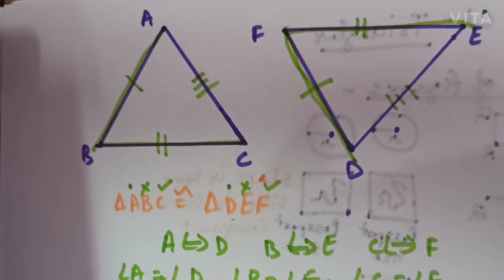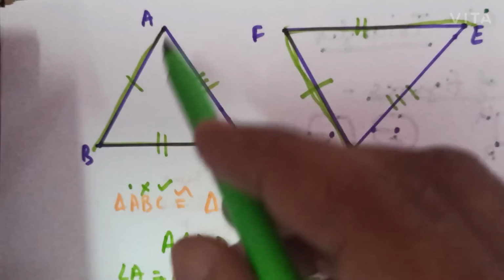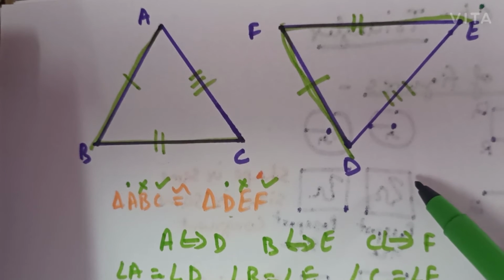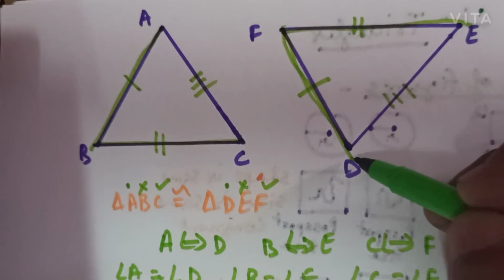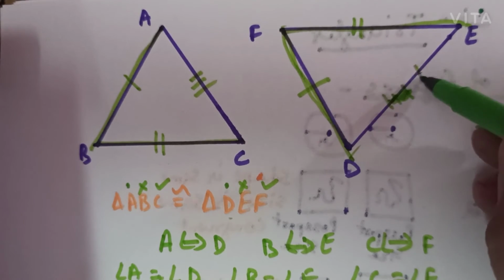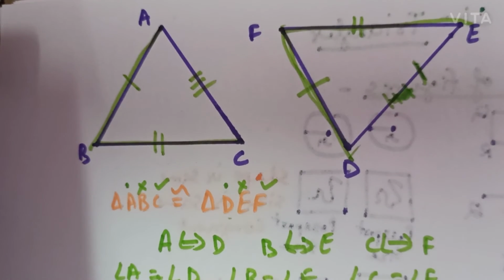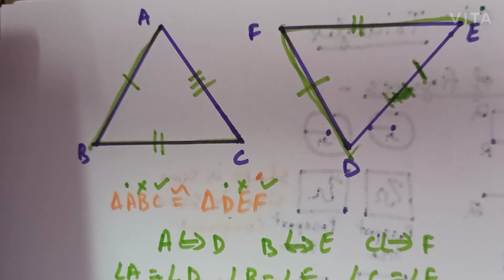So AB is equal to DE, BC is equal to EF, and AC is equal to DF.